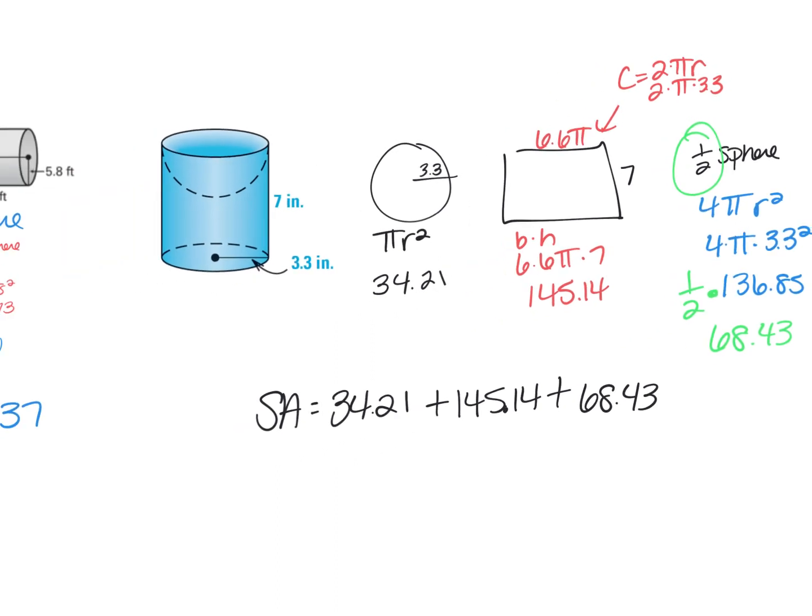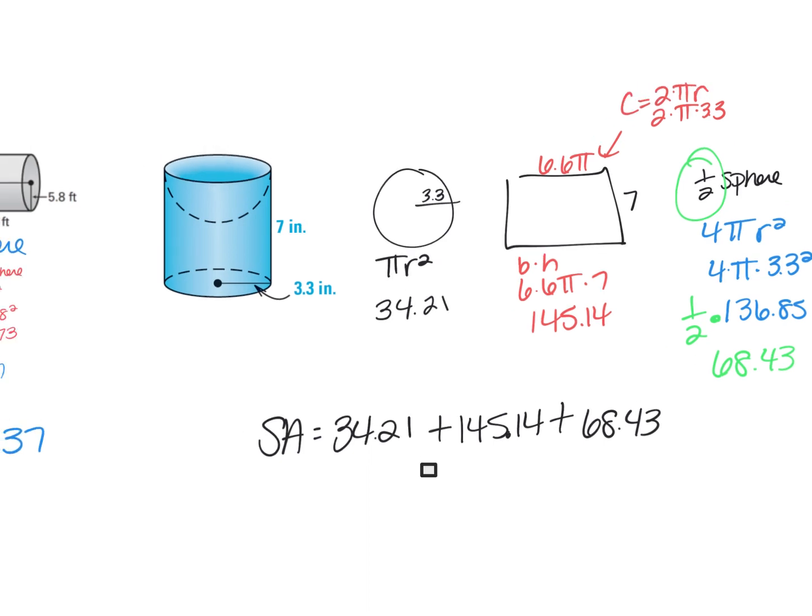Okay, so add all those up, and you get 200, why is this not working? Sorry. 247.78, and we've got inches squared because it's surface area.